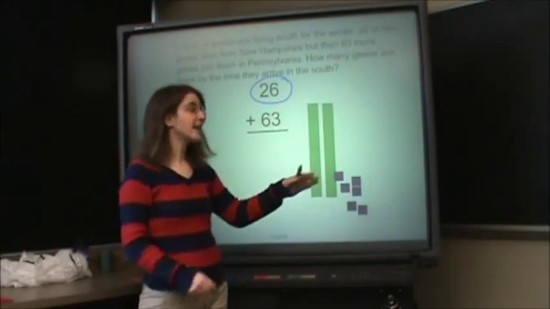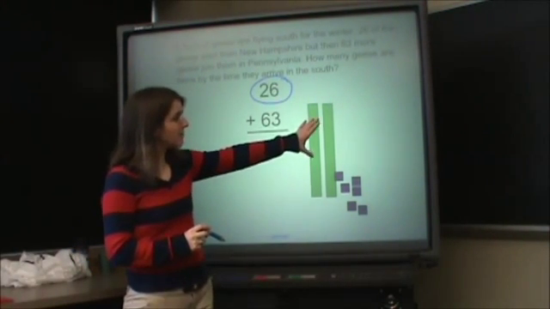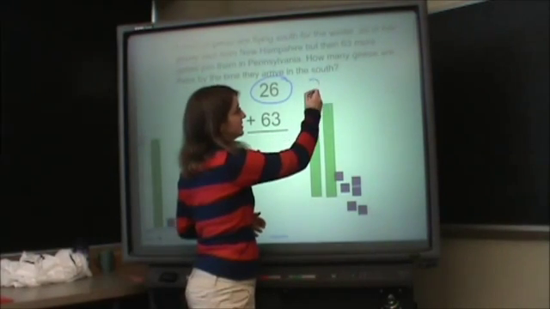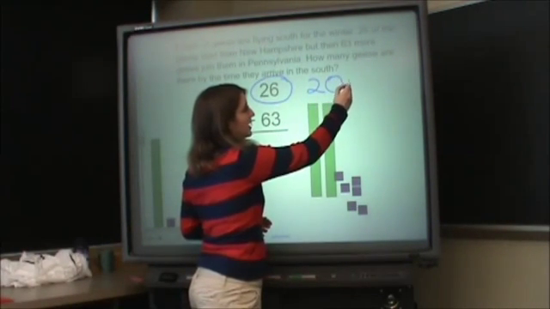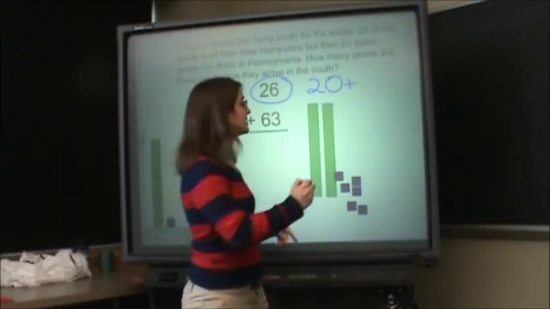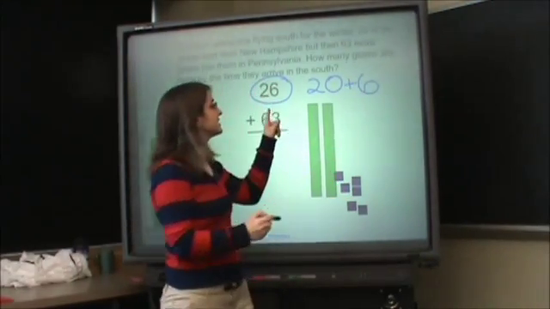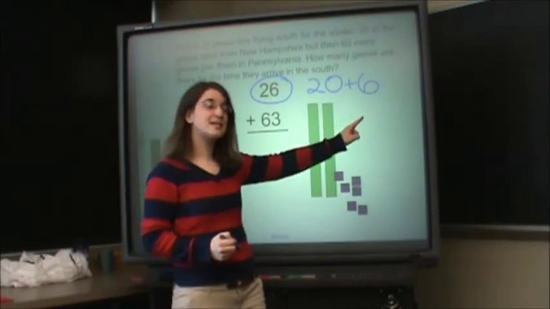Looking at this, we can tell that 26 is made up of 2 tens or 20 plus 6 ones. So 26 is the same thing as saying 20 plus 6.